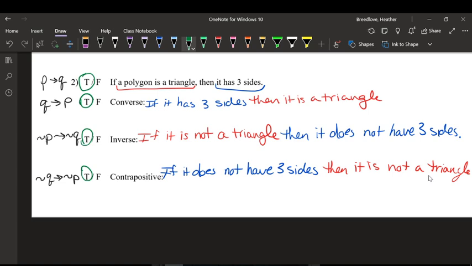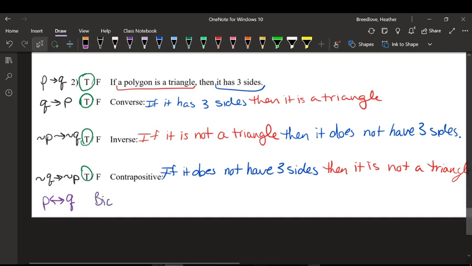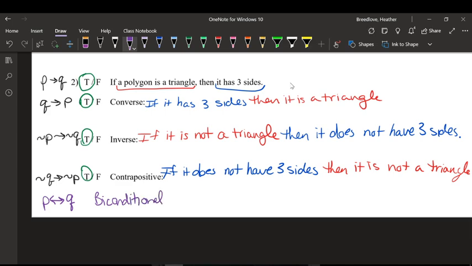And the reason the negation did not work on this is because this is that special situation where we could write this as a biconditional. This is actually a really good definition of triangle. The biconditional would be: a polygon is a triangle if and only if, which I'm going to abbreviate with IFF, if and only if it has 3 sides.